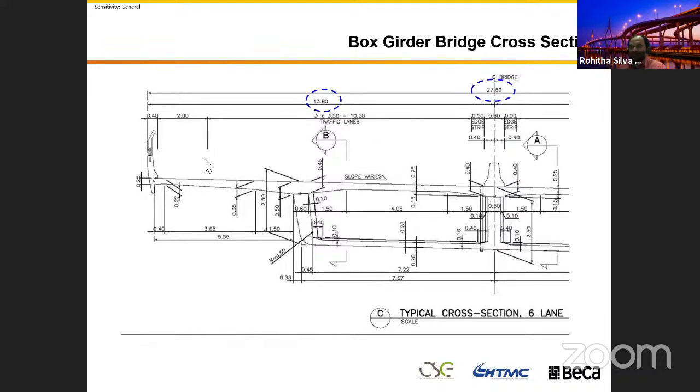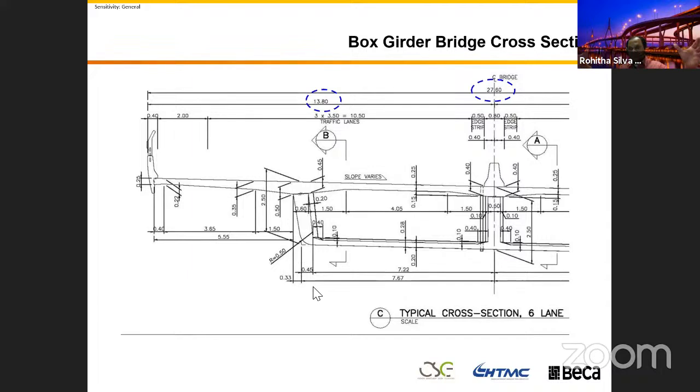Then in this bridge structure, you can see at the end the depth is 220 millimeters. In here it is 0.5 meter. And then the internal distance between the webs is about 6 meters. Then the distance between the center line of the girder to the end of the web is about 8 meters.